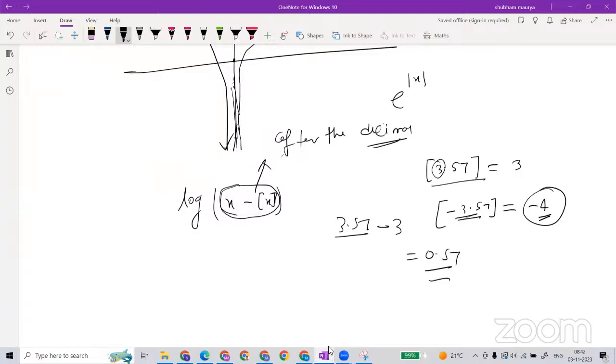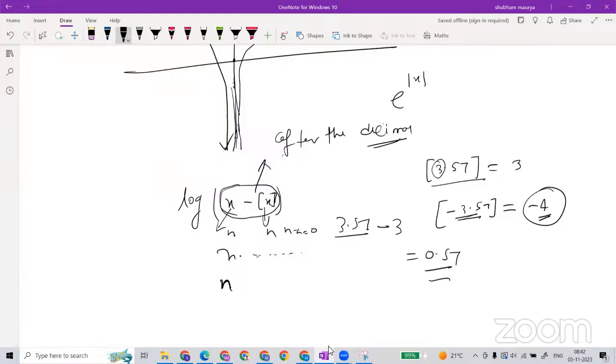But if it's exactly n, then n minus n becomes 0, correct?